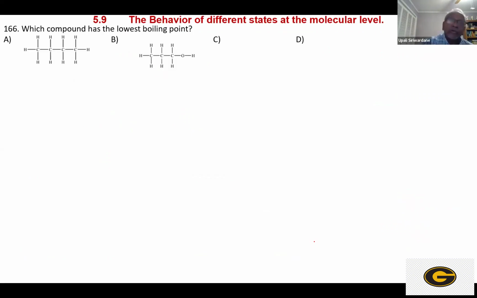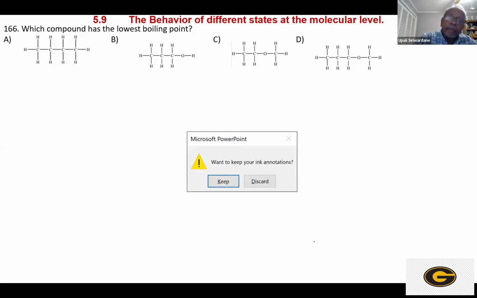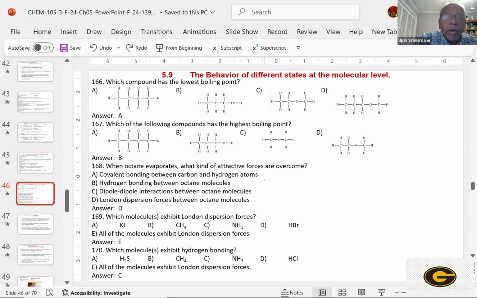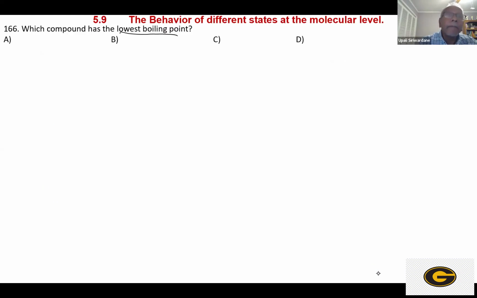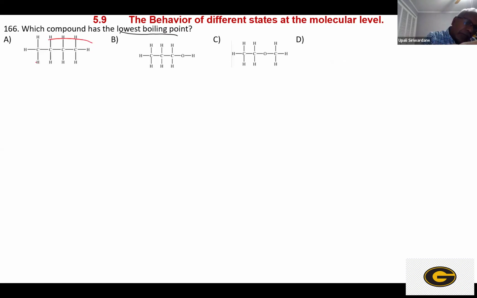Which of the following molecules has the lower boiling point? I couldn't see, that's why I went back. Lower. This is a non-polar molecule. Therefore, London dispersion, LD.